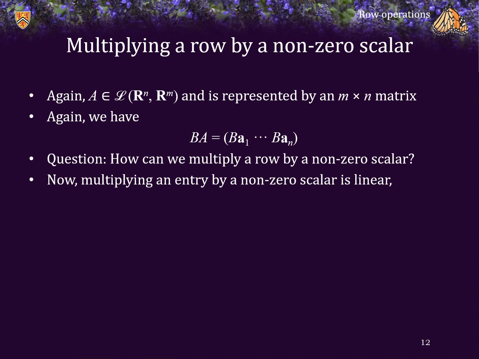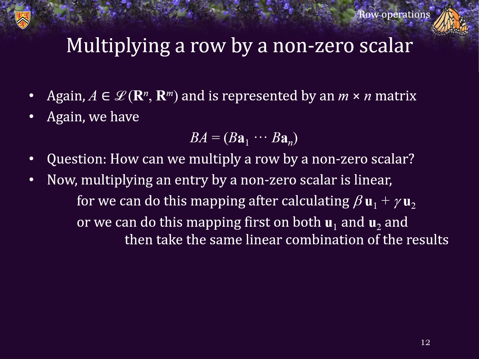Now, the process of multiplying an entry by a non-zero scalar is going to be linear. For after all, it doesn't matter whether we calculate a linear combination of two m-dimensional vectors and then multiply one of the entries by a non-zero scalar, or we multiply the corresponding entry by that non-zero scalar in both u1 and u2, and then take the same linear combination of the two results.